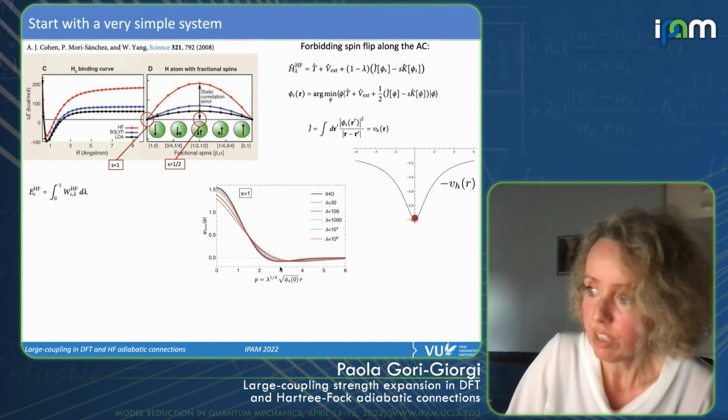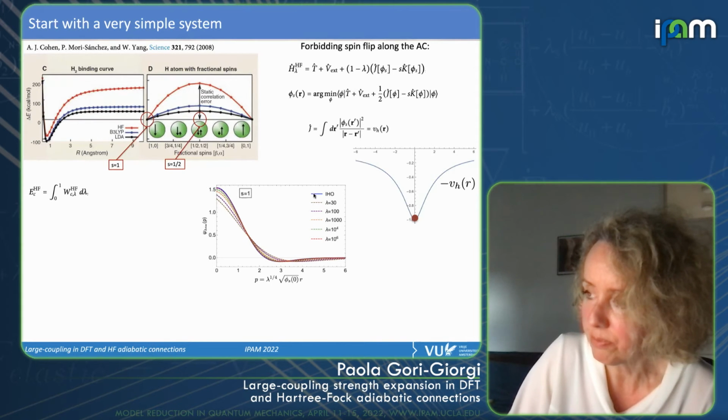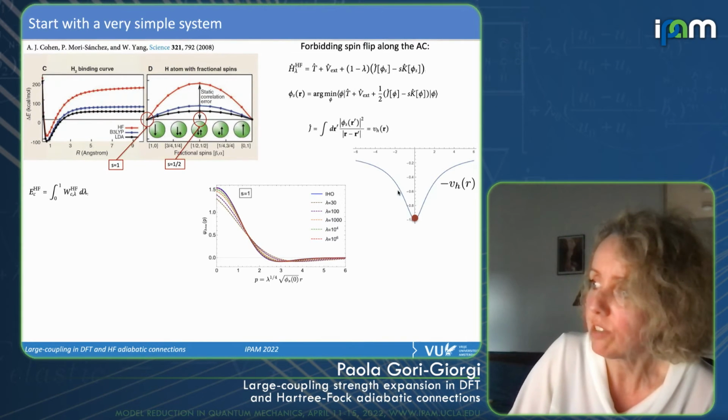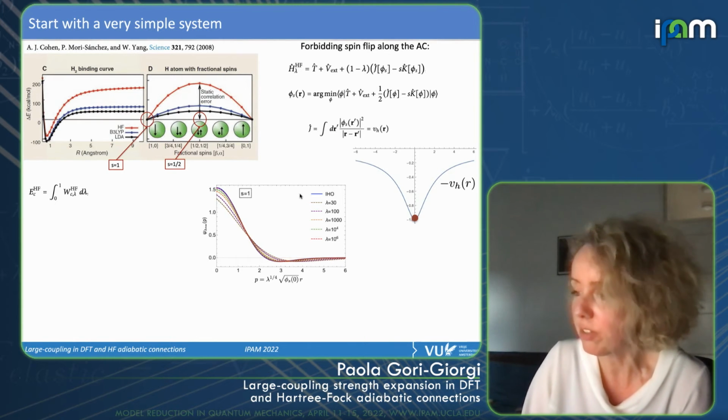And the representation of the delta function is this function here with a node, the blue one, which, as I said, for S equal 1 is just the exact linear combination of ground and first excited state.